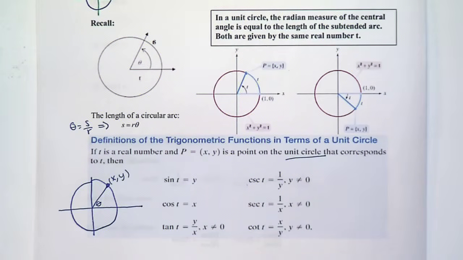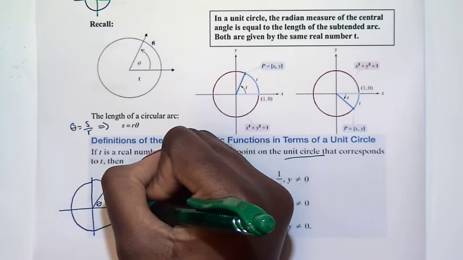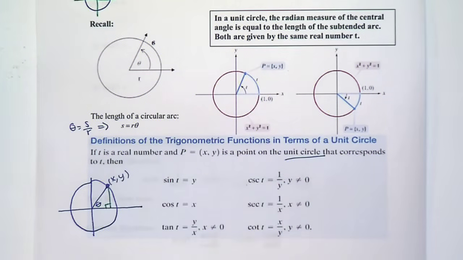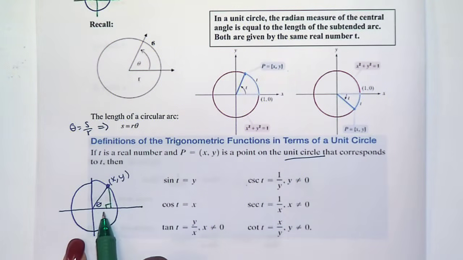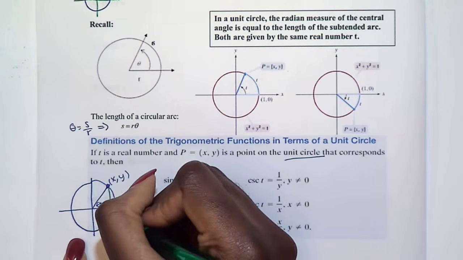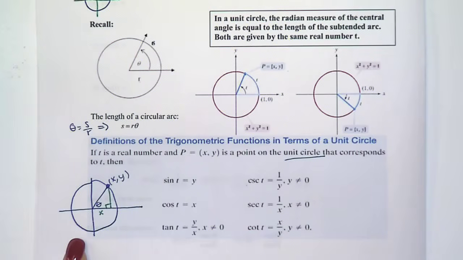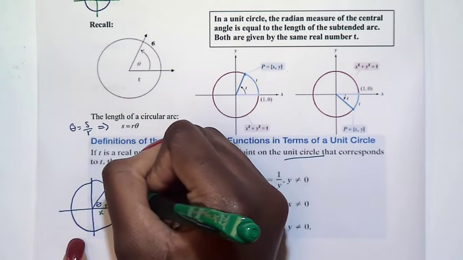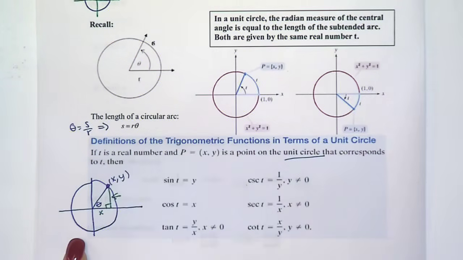As of now, we're only used to defining our trig functions using triangles. Well, we can actually make a triangle inside of here. This would be a right triangle, where this side length is defined by what's on the x-axis, so this is length x, and this side is defined by what's on the y-axis.